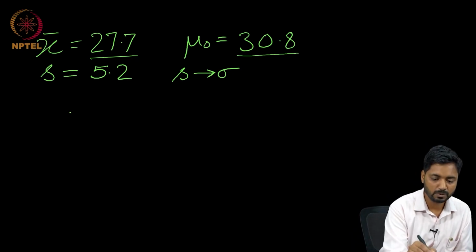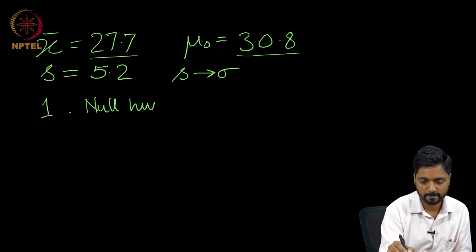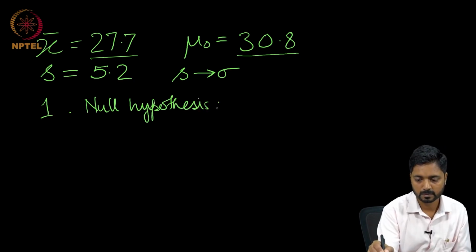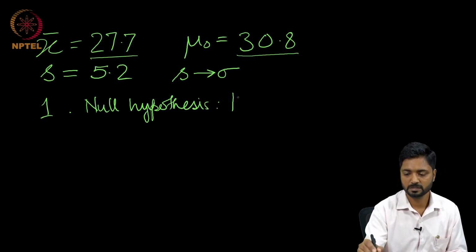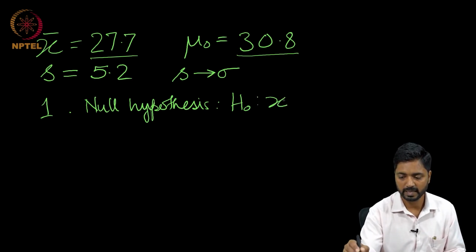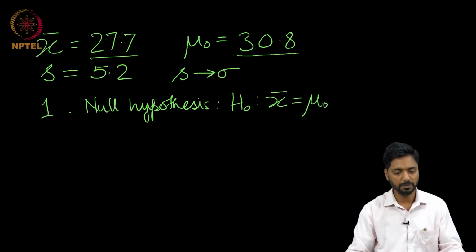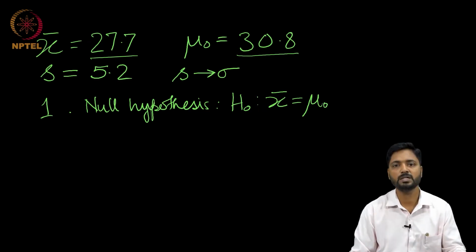So, first is the null hypothesis, and this presumes that the x bar value is the same as the mu naught value, and the veracity of this hypothesis is to be tested now.